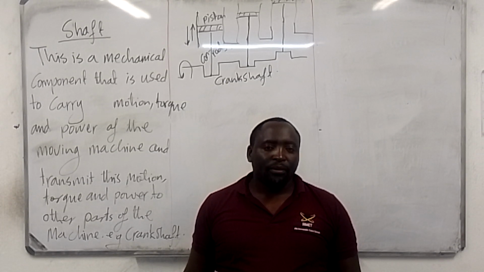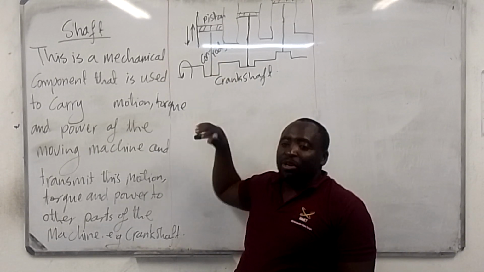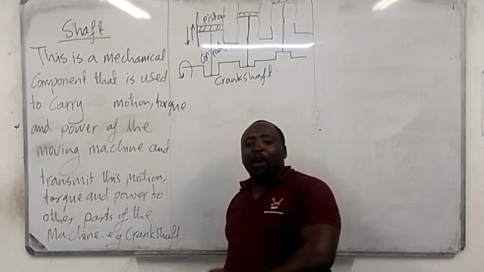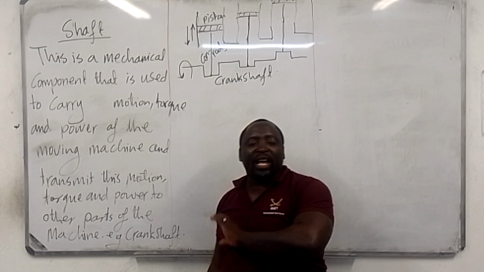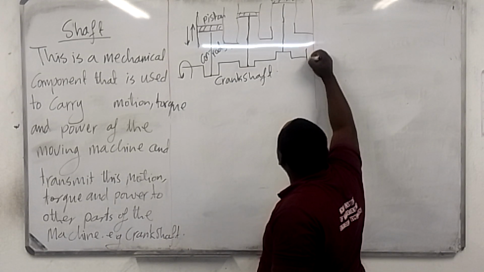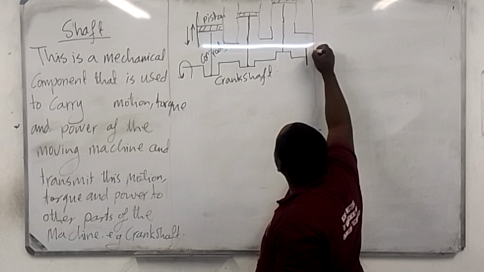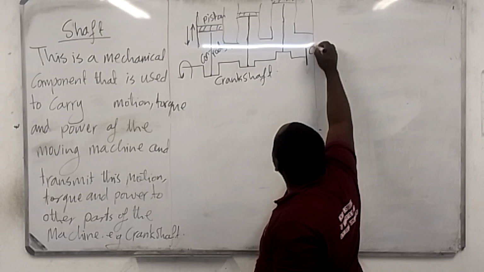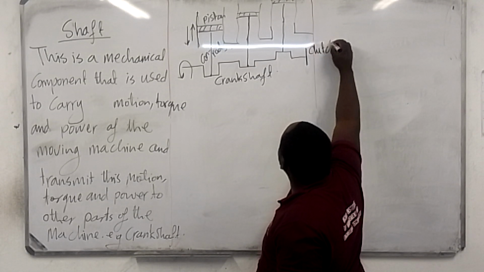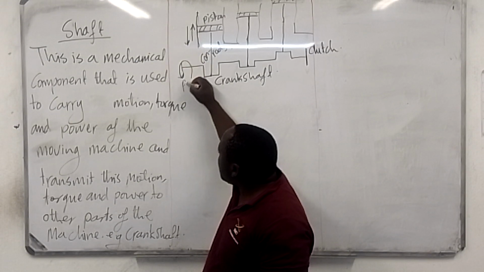Yes, this is it for internal. So if you want to pass it, the motion can be taken to the clutch or to the pulleys. So you find there is maybe a clutch there. This side you might find there's a pulley.